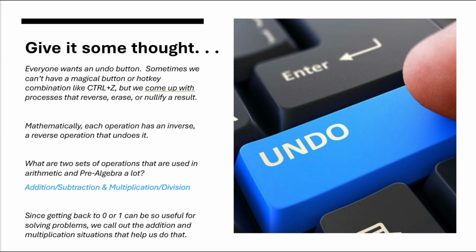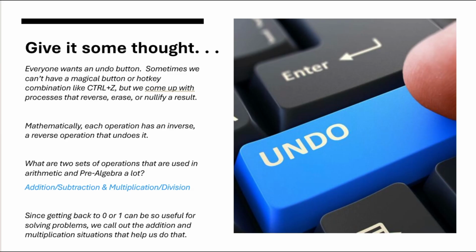And the other set is multiplication and division. Again, if you multiply 2 things together, you can use division to undo that. And similarly, if you divide 2 things, you can use multiplication to put things back together to get back to where you started. Okay.